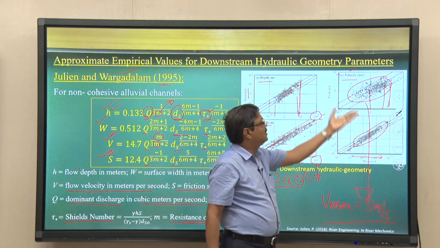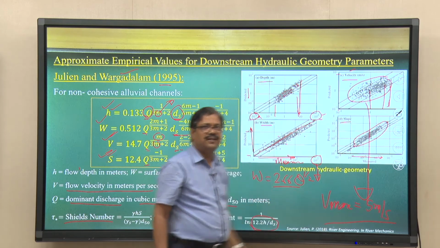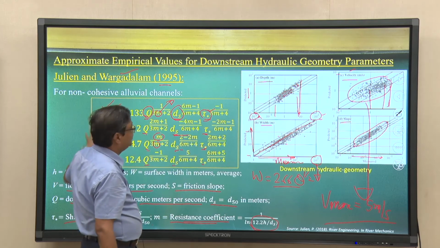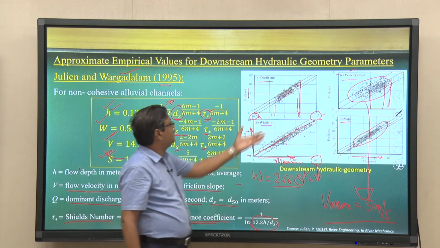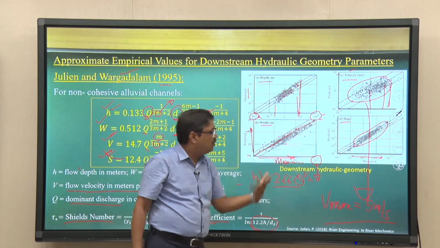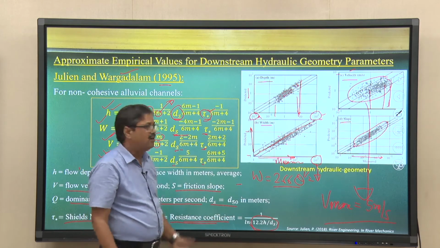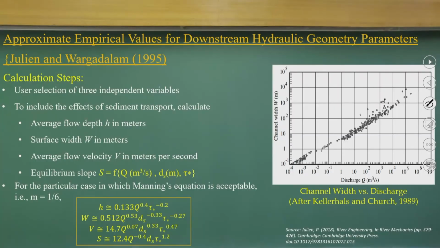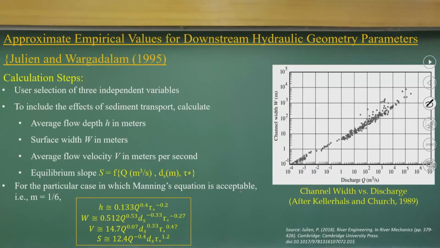If you look at these, you can say that the velocity can have a lot of uncertainty in measurement and prediction, if you look at this equation as well as the measurements, but in terms of depth, width and slope, there is not that significant an order of uncertainty involved. Now, there are other very interesting things. If you look at this channel width, okay, this is a very interesting figure.